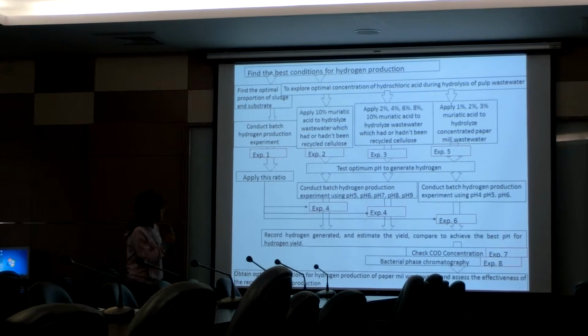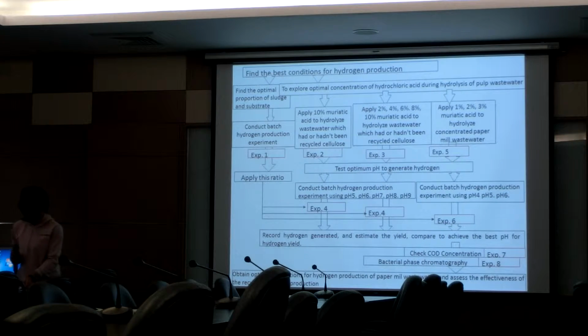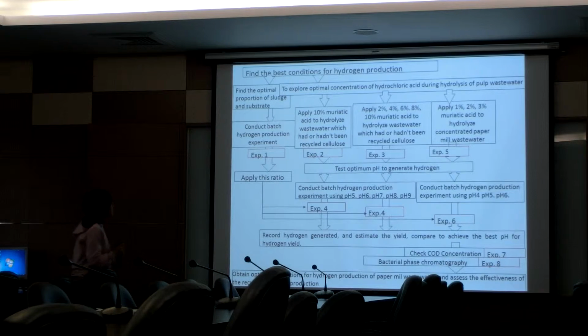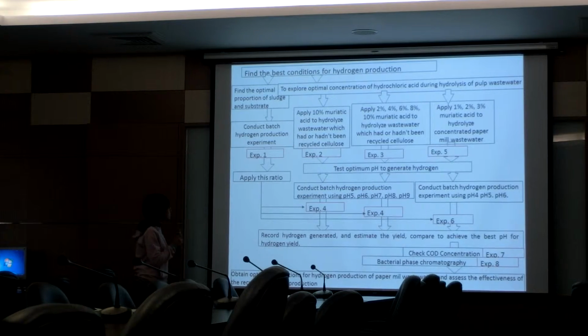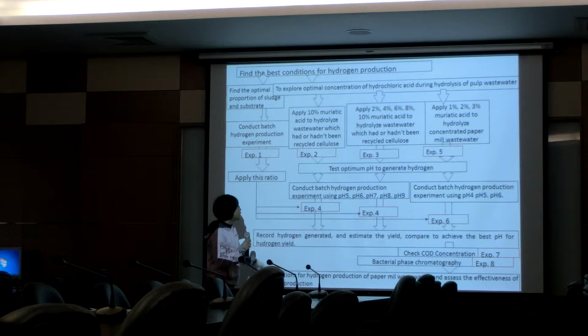And this is our experiment flow chart. And our goal is to find the best conditions for hydrogen production. First, we find the optimal proportion of sludge and substrate, and use this ratio to do experiments 4 and 6.